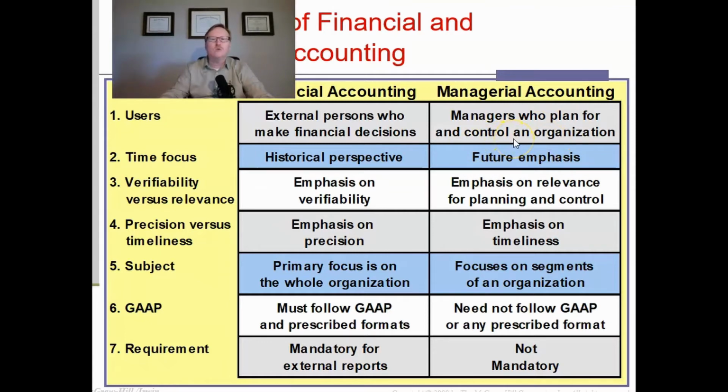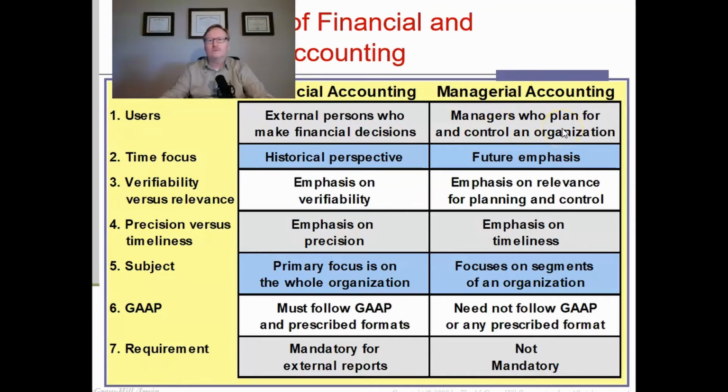We want to know which bags of Doritos sell the best at a given time, or what promotion we should run, right? And that's, most of the time, proprietary information that we don't want our competitors to know. So we don't want external people necessarily to know what we're doing to control and plan for the future.